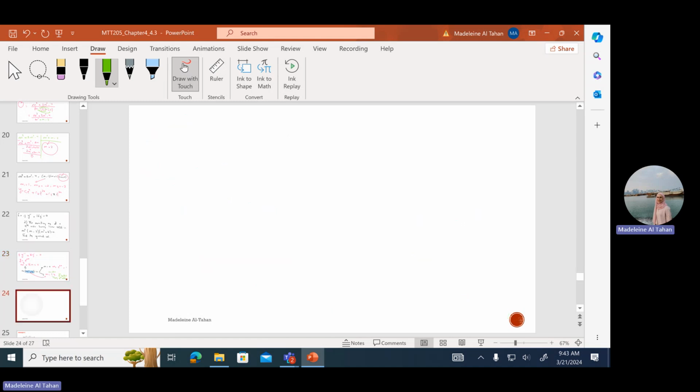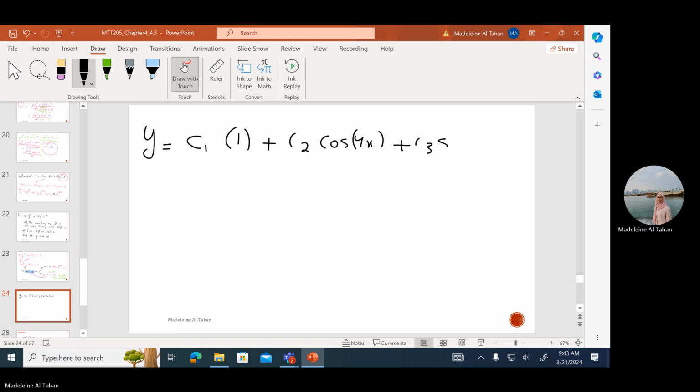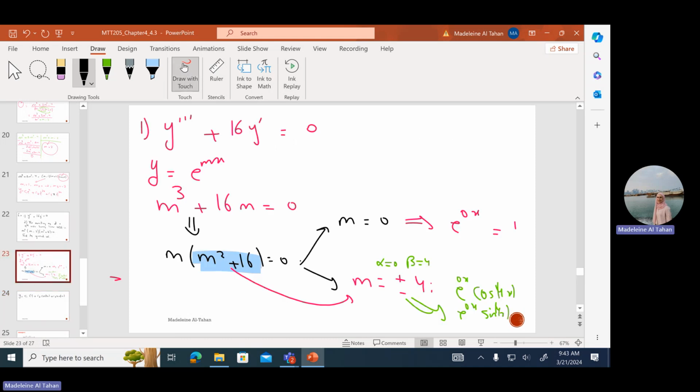How do we write now our solution? y equals c1 times 1 plus c2 cosine 4x plus c3 sine 4x. Do we agree on that? Do we agree to write it in this way? Any question? What's e power 0?